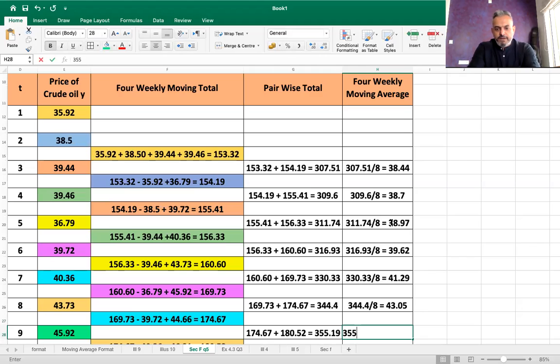And 355.19 divided by 8 is equal to 44.398, so 44.40.